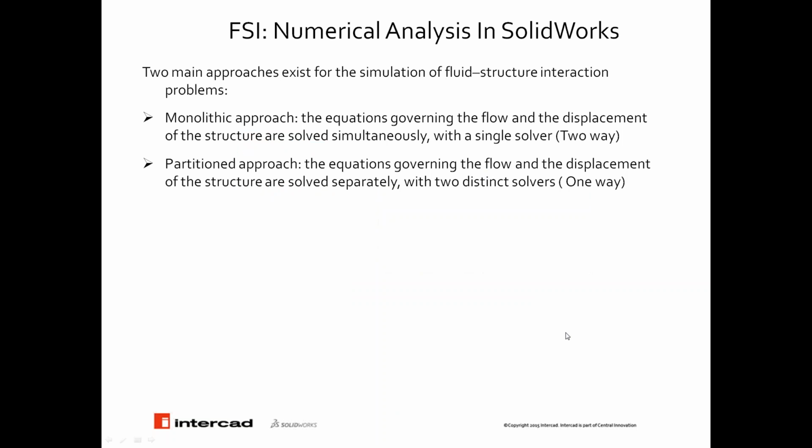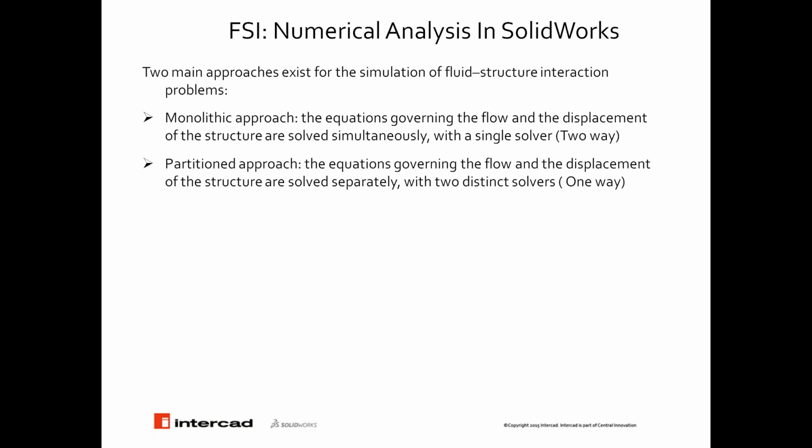Alrighty, we have two main approaches for the FSI problem. The first is the monolithic approach. We have one specific software solving the structural domain as well as the fluid domain simultaneously.